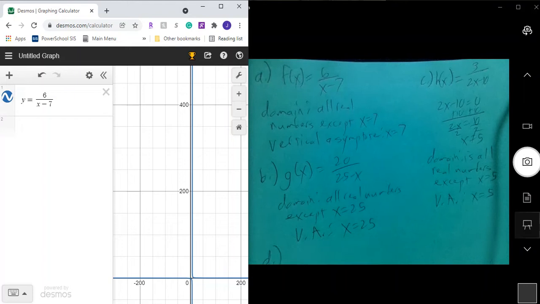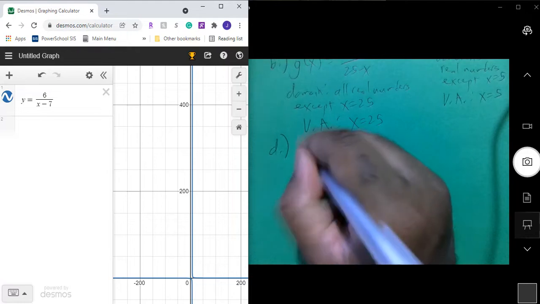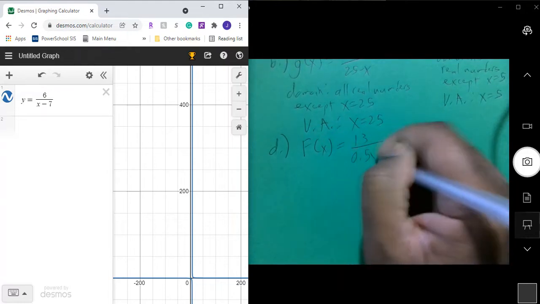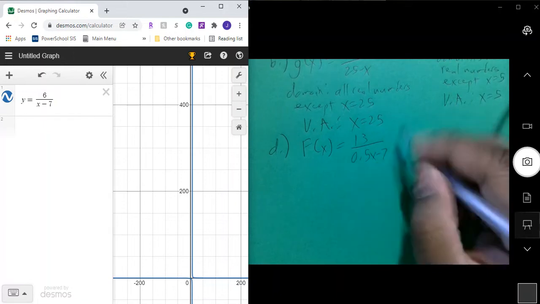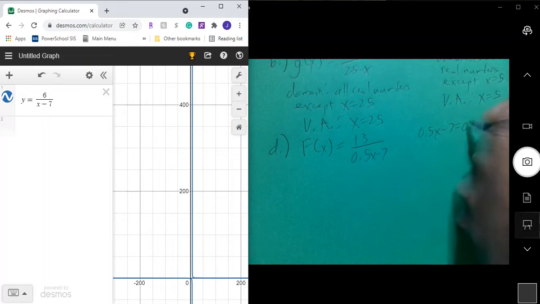Okay, now D. Now D is basically the same thing, except we have f of x equals 13 over 0.5x minus 7. So we can go off to the side and set 0.5x minus 7 equals 0. Add 7 on both sides.